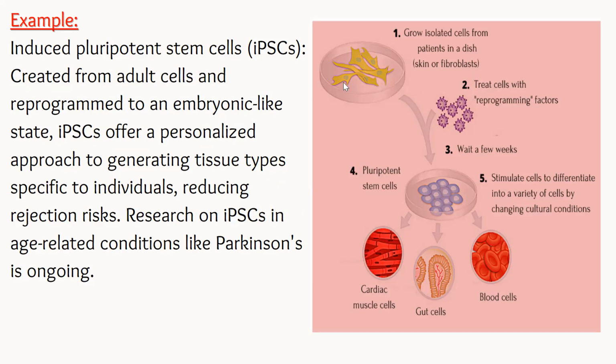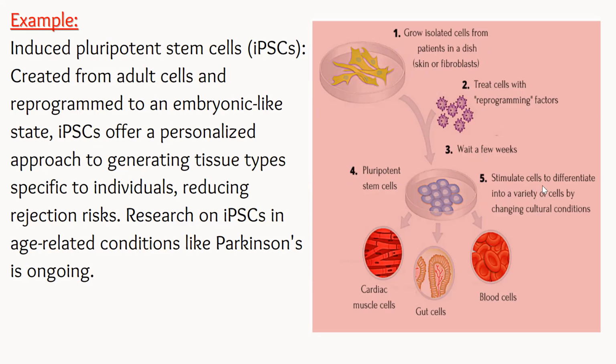And in this picture we can see how we grow the isolated cells from the patient in the dish, as fibroblasts, and then we treat the cells with reprogramming factors, and then we wait a few weeks for the cells to undergo cell division. Then the pluripotent stem cells become ready at this time.